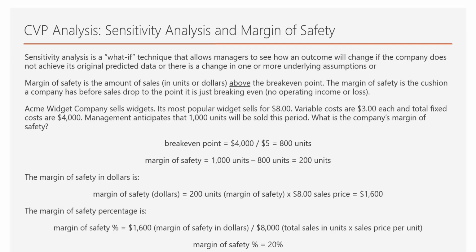Take my margin of safety, 1,600, divide that by my sales of $8,000, and my margin of safety is 20%. So the margin of safety percentage, again, is that cushion we want to use if we want to know how much sales can go down before we break even.